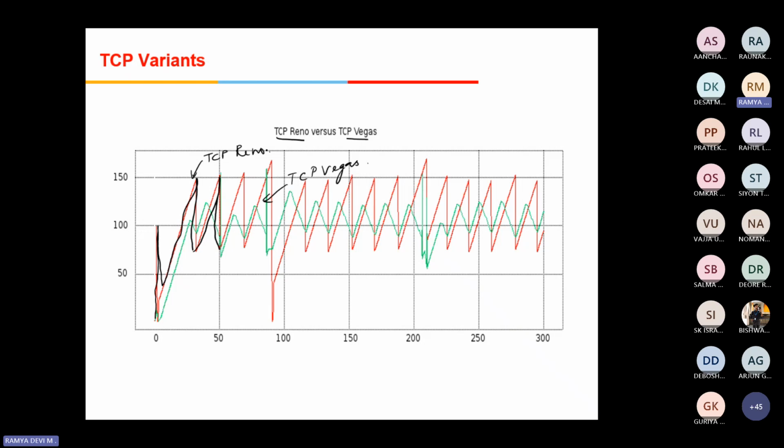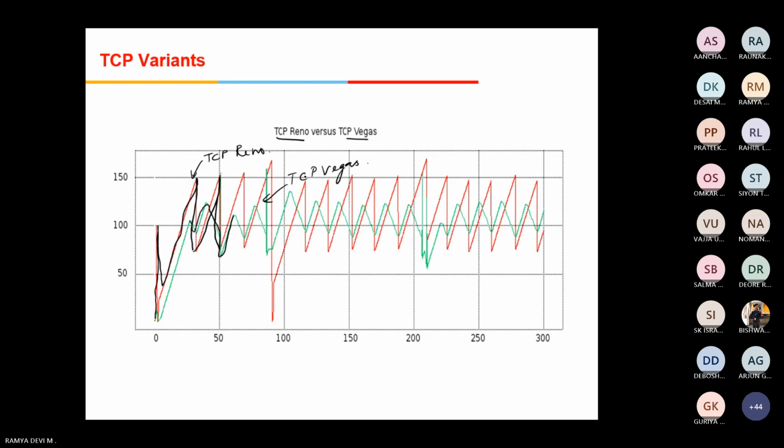Continuously it increases the congestion window until packet loss happens. When loss is detected, half of the window size is taken, and again it goes into linear increase. Whereas Vegas is a delay-based approach. Based upon the delay, it gets decreased, increased, decreased, increased.